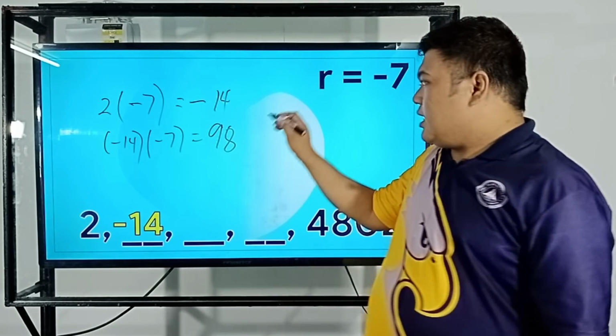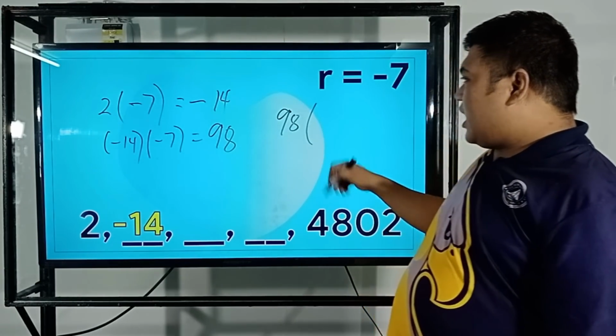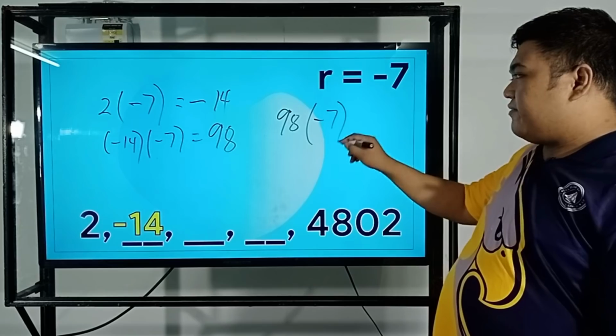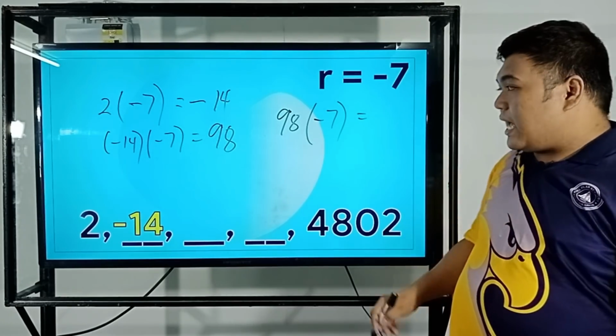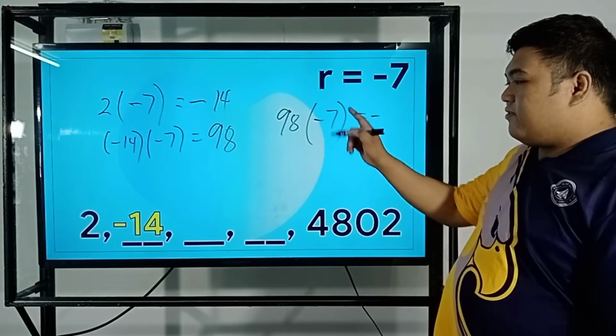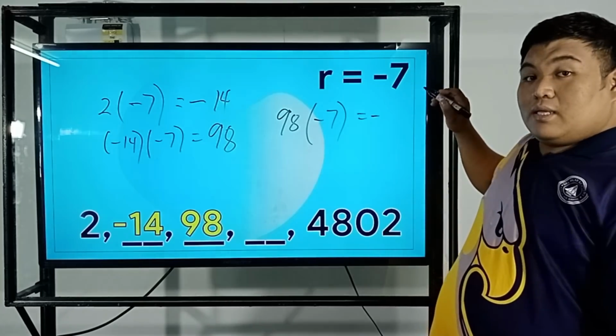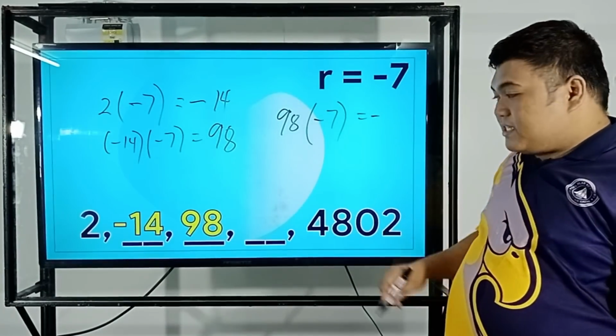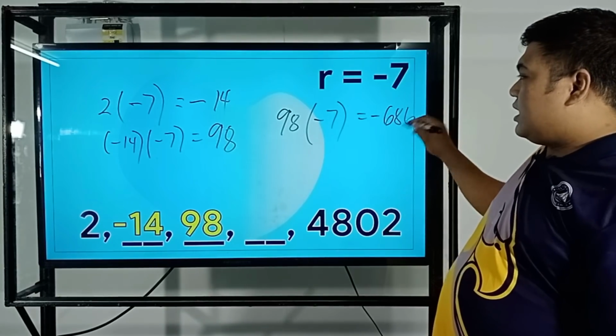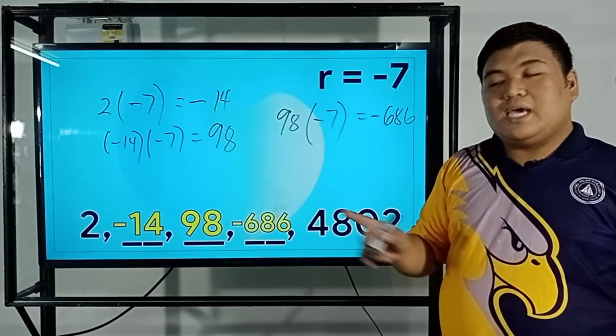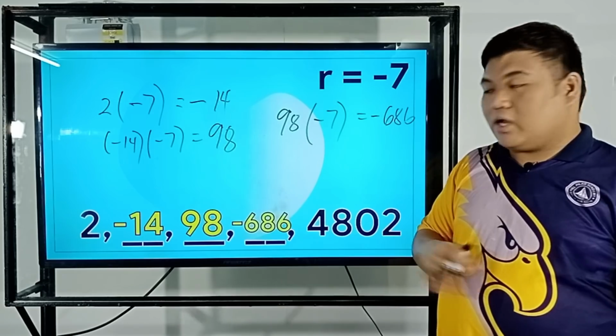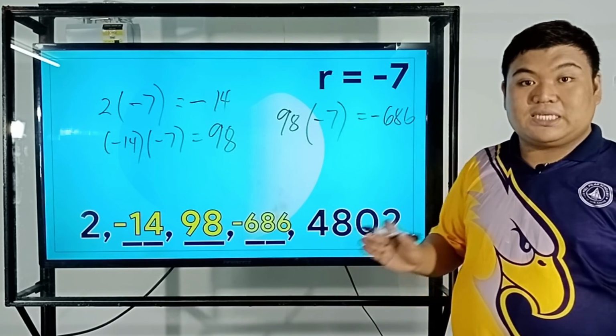And lastly, positive 98 times the common ratio na negative 7. Since magkaiba ulit sila ng sign, ang sagot ay negative. Positive 98 times negative 7 is negative 686. And that is the third term, or the fourth term rather of this sequence.